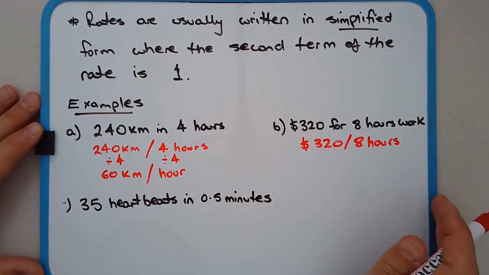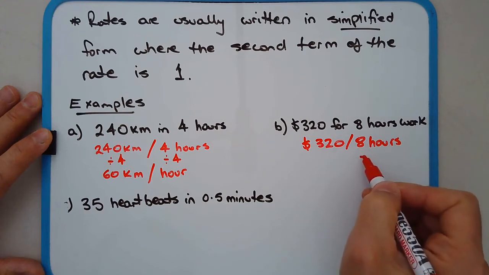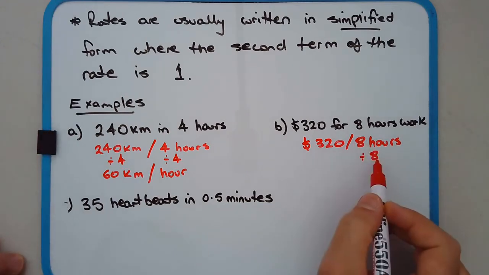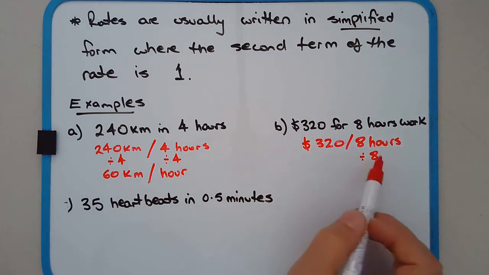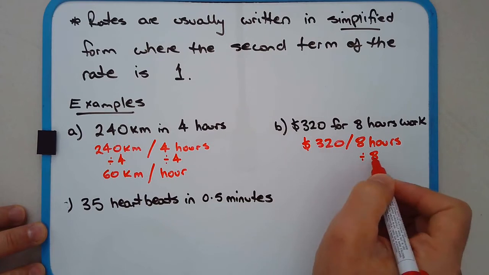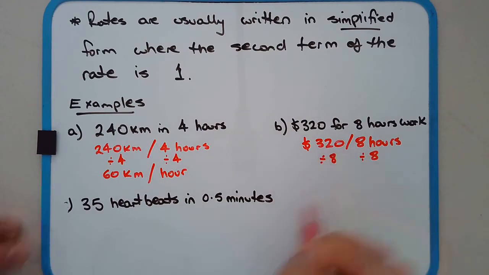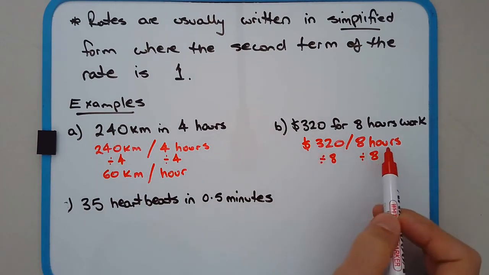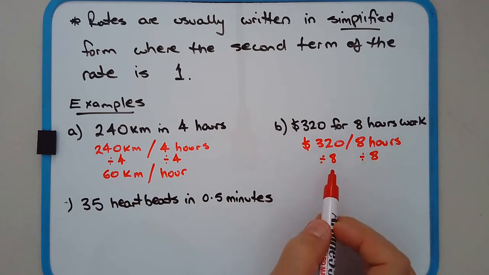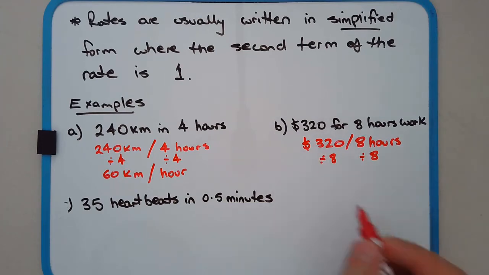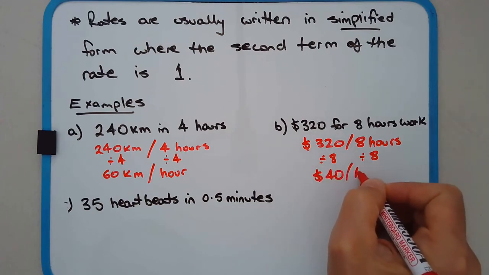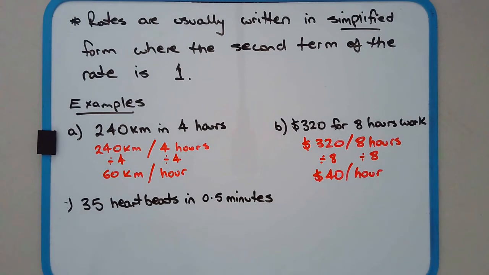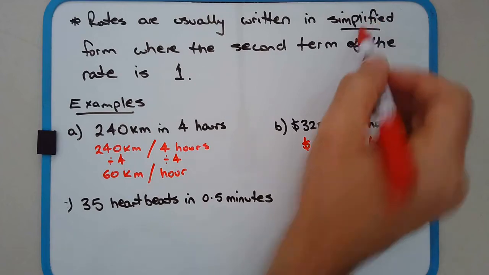We want it per hour, so again we're going to divide by 8. 8 divided by 8 is always 1, because if you take two identical numbers and divide them, you get 1. What we do to one term, we do to the other. So $320 earned in 8 hours: 320 divided by 8 is $40 per hour. That would be the hourly rate. Again, rates normally are expressed in this simplified form.